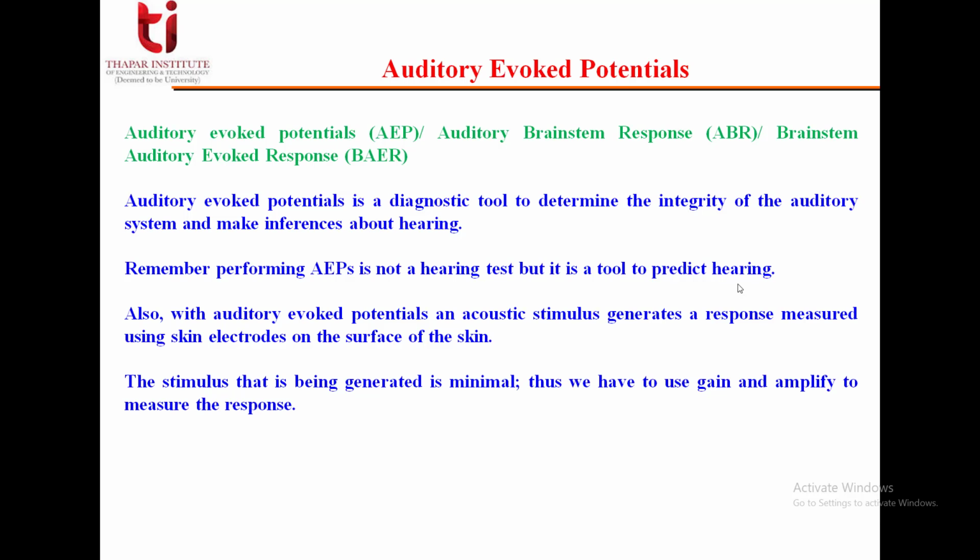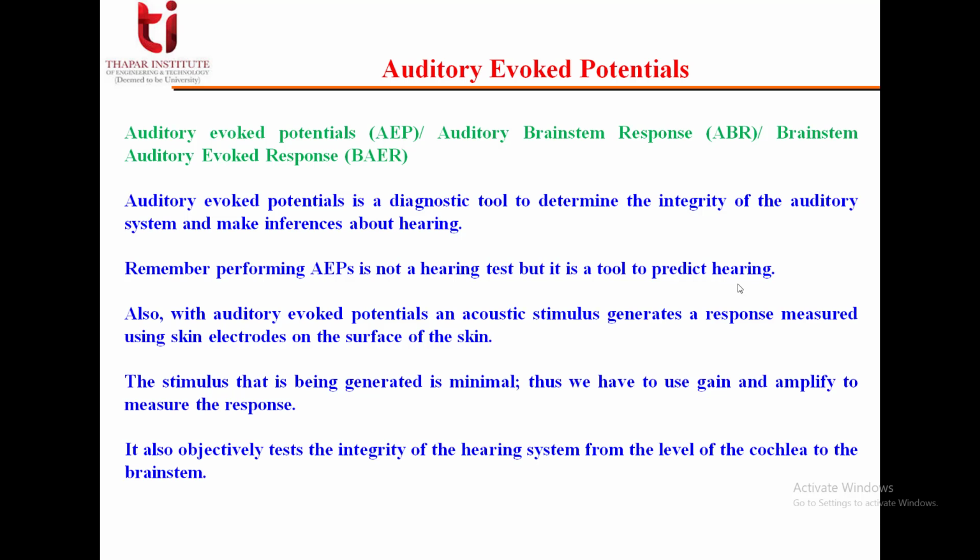We have also studied this in the last lecture: because the signal is small, we need more and more observations, and we have to amplify the signal, maybe 1,000 times the input. It also objectively tests the integrity of the hearing system from the level of the cochlea to the brainstem.